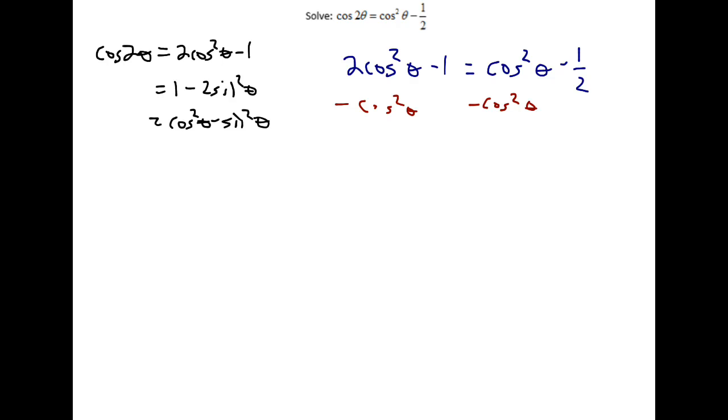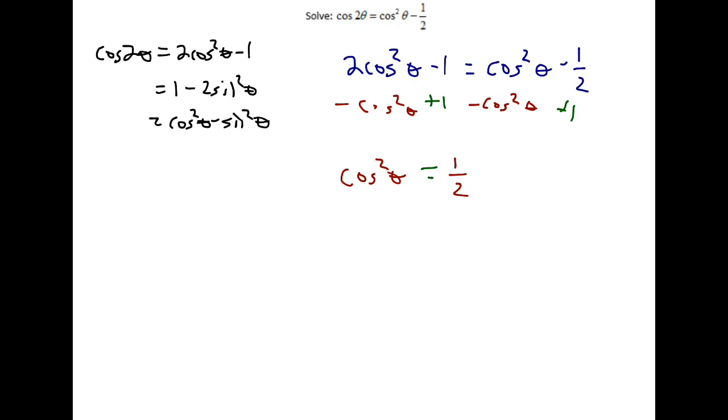Notice 2 cosine squared theta minus 1 cosine squared theta is just equal to 1 cosine squared theta. I can also add the 1 to both sides, which will cancel it out on the left side, and on the right side we get negative 1/2 plus 1, which is equal to a positive 1/2.